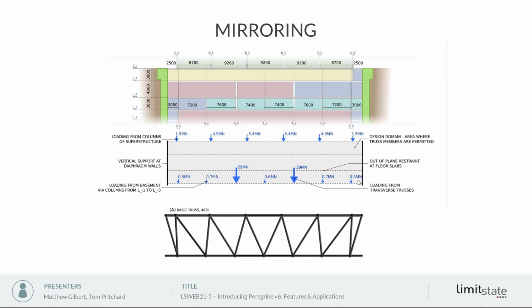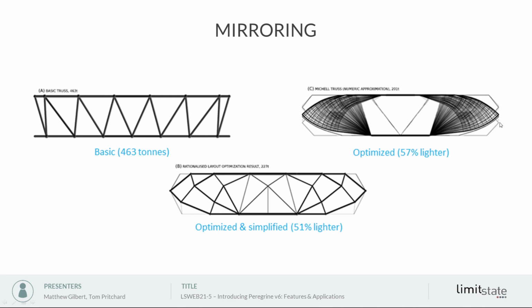And as the paper explains, the manual design solution that we can see at the bottom here is one that resembles something like a Warren truss, which links all of the load points and has a weight of over 460 tons. If we look at the fully optimized structure, then we can see that we can get something that is 57% lighter than this manual structure, so just over 200 tons, but obviously the complexity of that is far greater than the one that you come up with by hand.